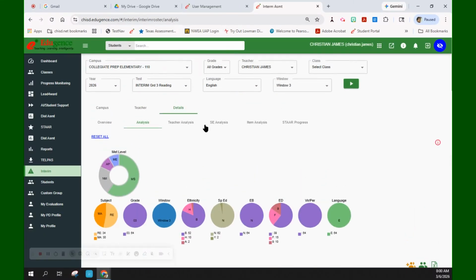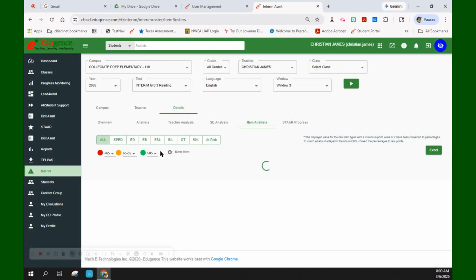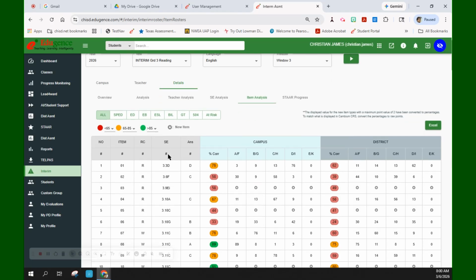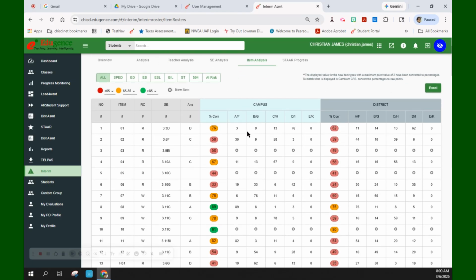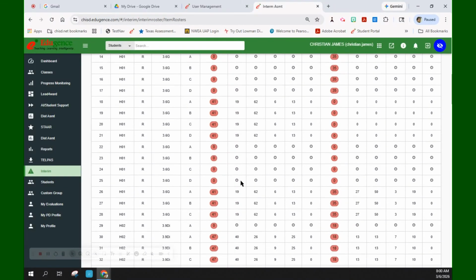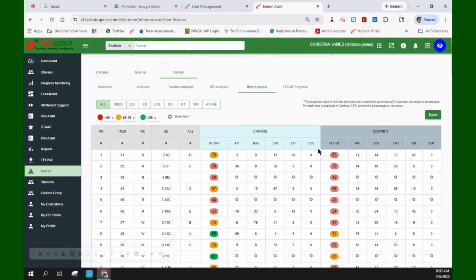Now, I can do this by item analysis, but again, this is the point at which it's important to understand some of the markings. So the question numbers, if there is an asterisk, and it's kind of an ugly asterisk, by the way, if there's an asterisk in here, that means that's the number of scholars who saw the question.